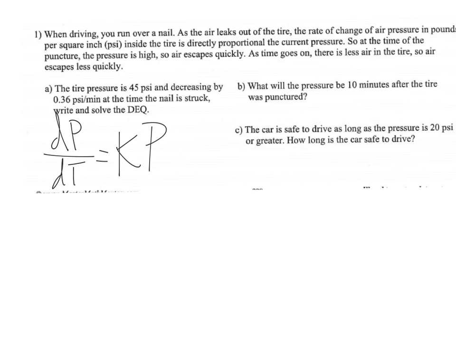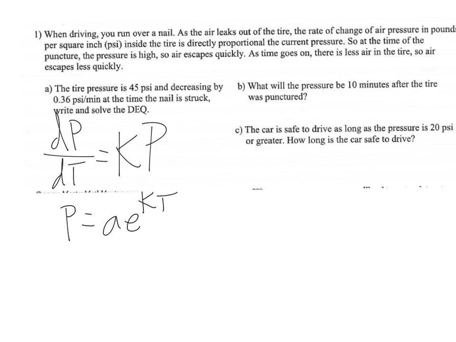If you think about how a tire deflates, if you poke a hole in it, air rushes out quickly, and then as there's less and less air and less pressure, the rate at which it's coming out is slowing down. So the general solution to this differential equation is in the form p equals ae to the kt, thinking about that work we just did.